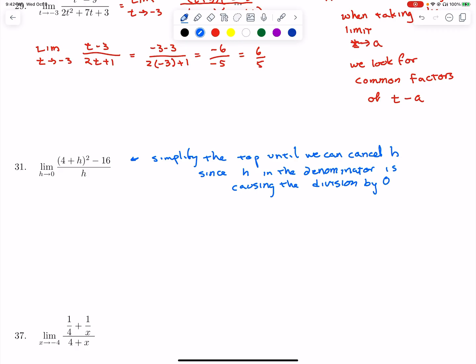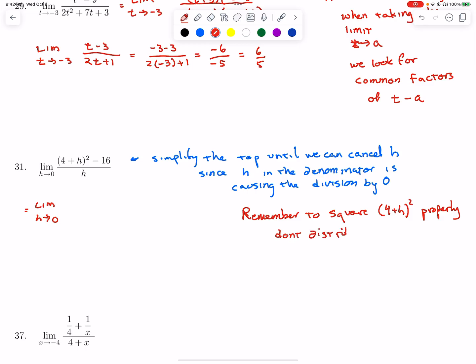Okay, so let's go ahead and do this. Oh, note. Oops, it's 4 plus h. No freshman foiling.